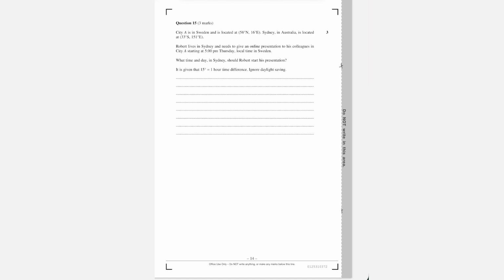Ignore daylight saving. Okay, so the first thing is we can actually ignore the north and the south part, and we just want to look at the east degrees, right? So we have Sweden here, and we have Sydney here.